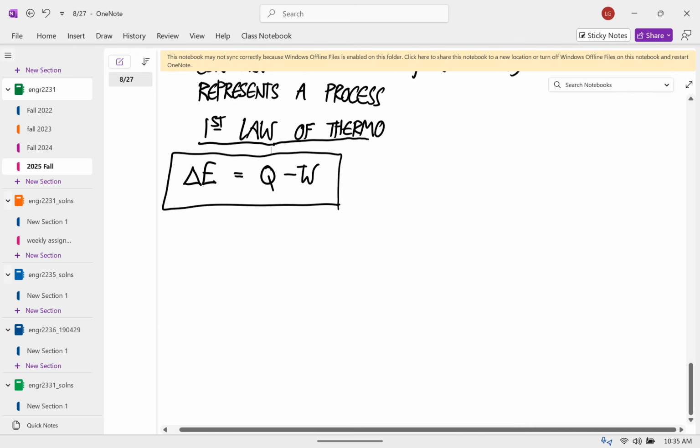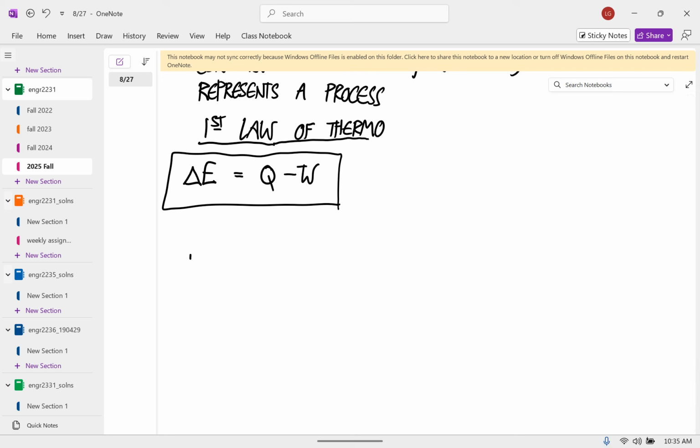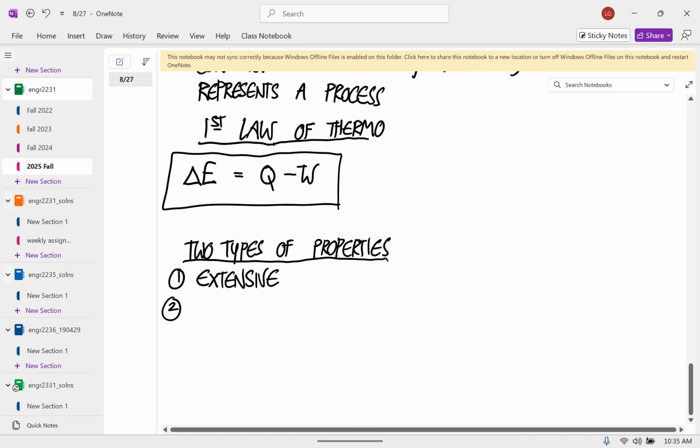Okay, so now let's talk about different types of properties. There are two types of properties. The first one is called extensive. And the second one is called intensive.